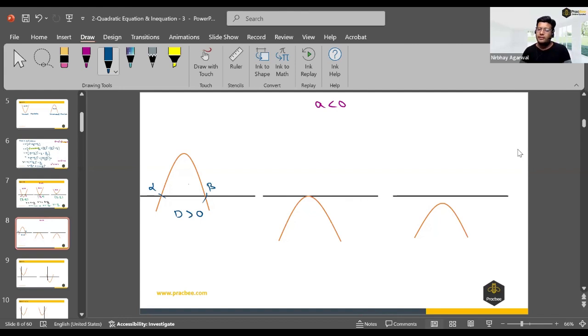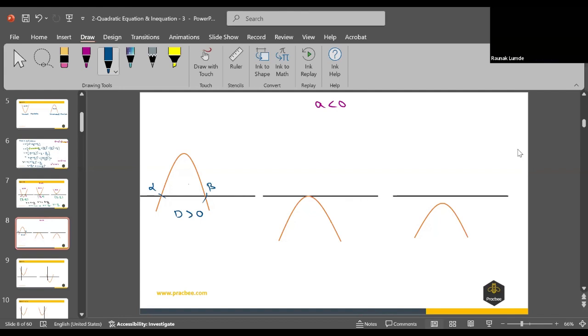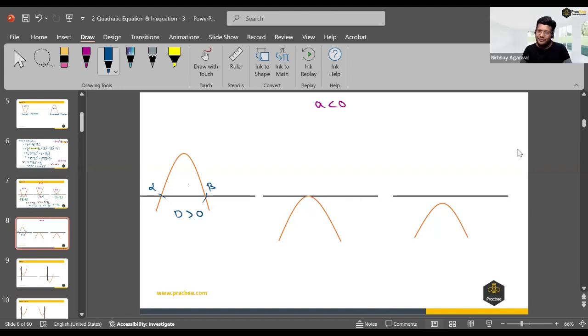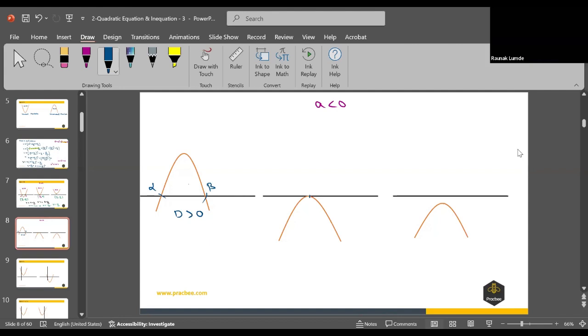In the second case, I'm not able to understand the difference between the second and third. Here the graph touches the x-axis. In this case, the graph does not touch the x-axis.